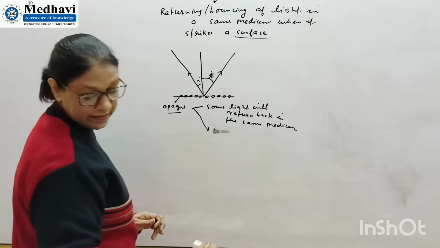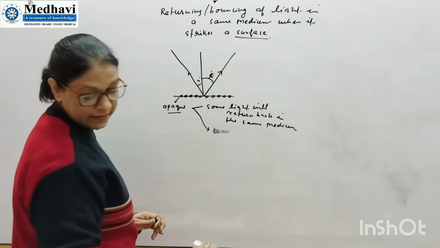But when the same light is passed through a transparent medium or transparent surface, here this is the incident ray, this is the refracted ray. Some part will be absorbed. So here three processes we will see.